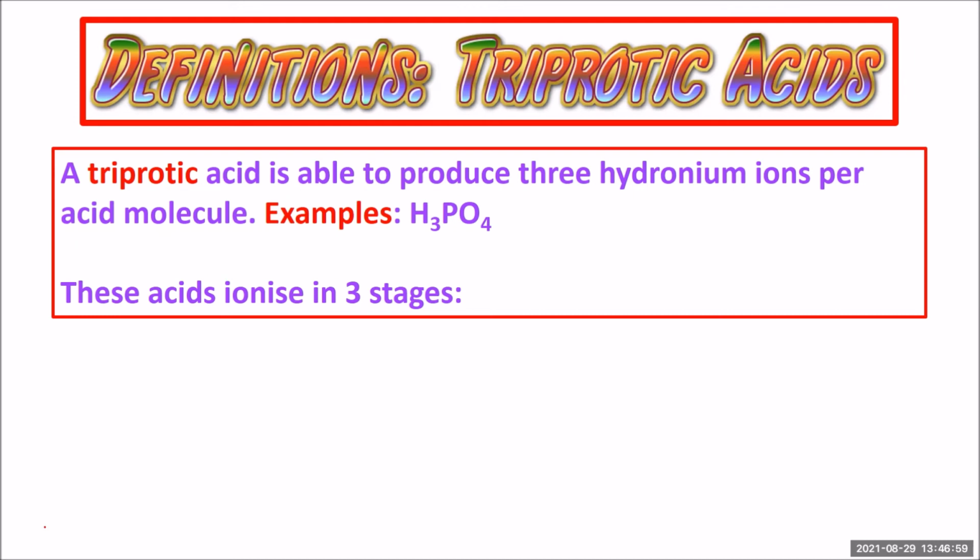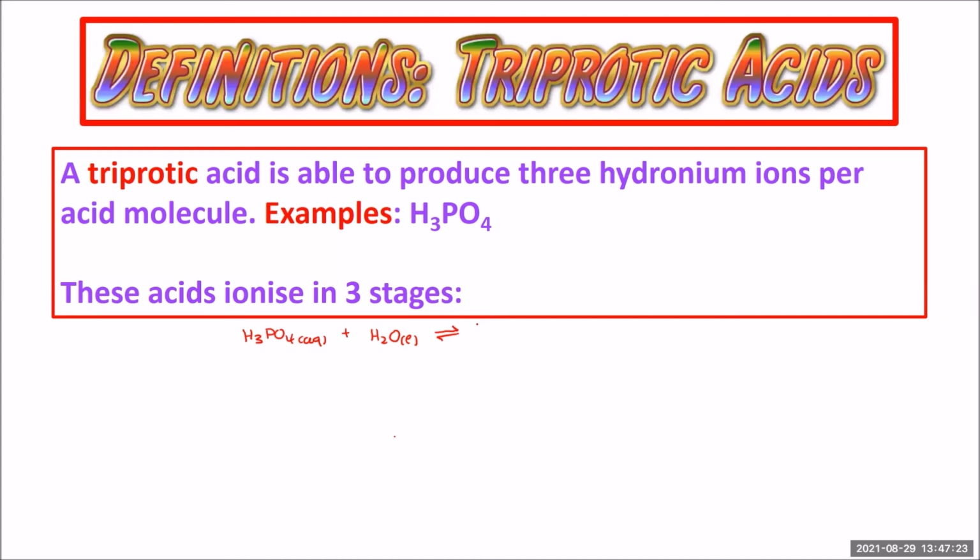Okay, how did you go with that one? Did you find that you were able to keep track of all those hydrogens and all those charges? Let's look at the solution. So we have H3PO4, and that's going to react with a water molecule. This is a weak acid, so we use the equilibrium arrow.